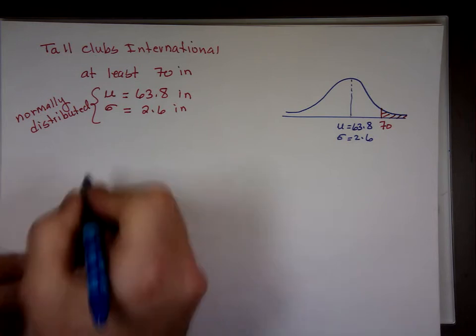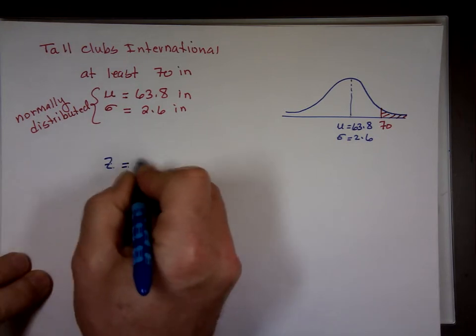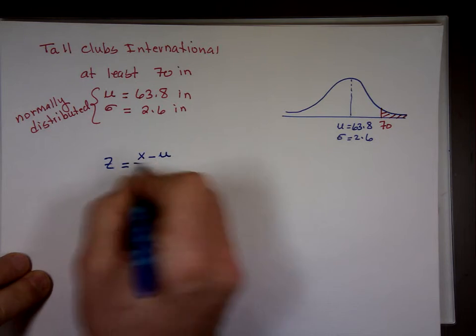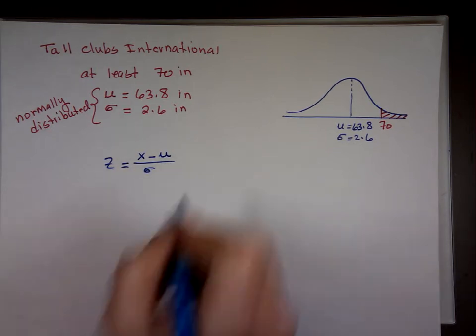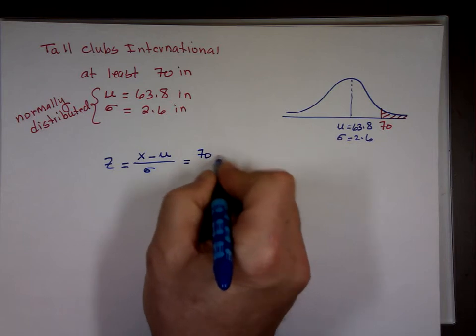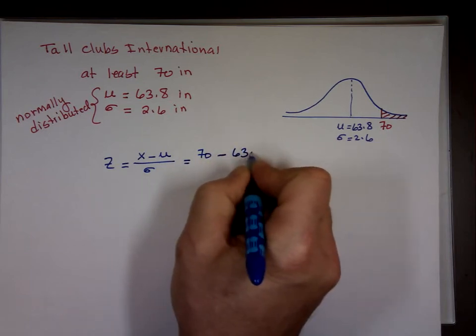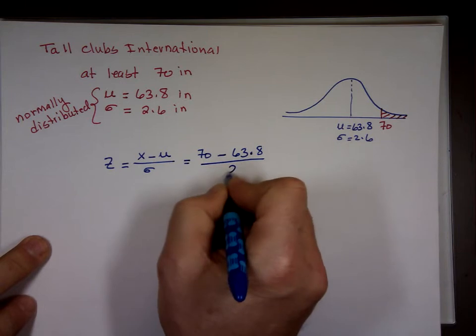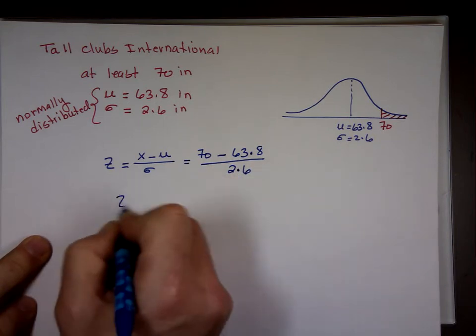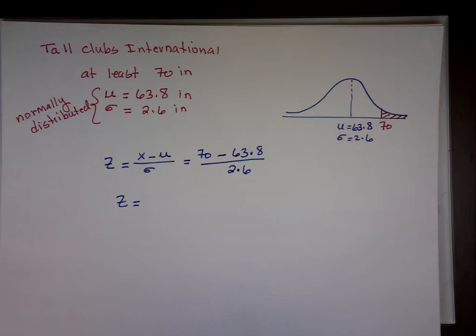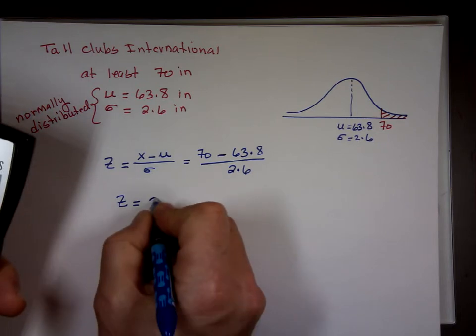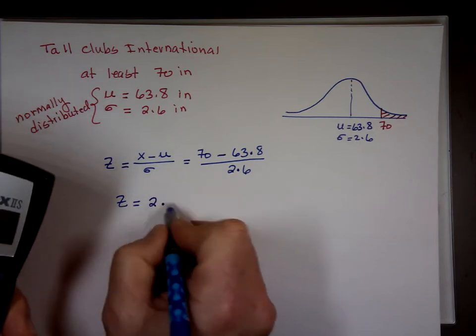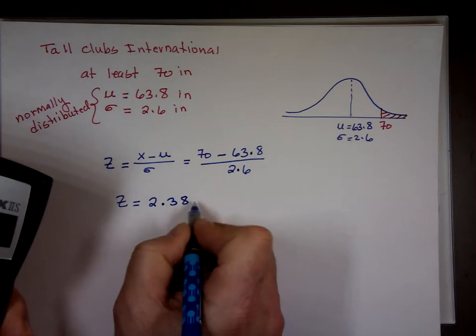Which means the first step is I got to find the z value. Z equals x minus mu divided by sigma. X is 70, mu is 63.8, and sigma is 2.6. You always want to make sure the z value is in 2 decimal places.